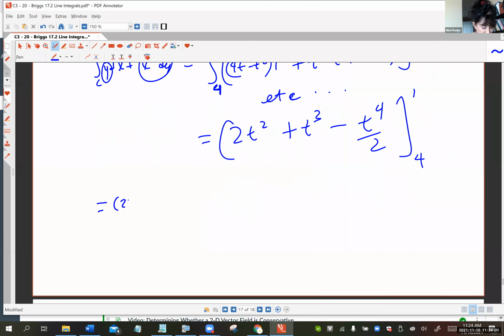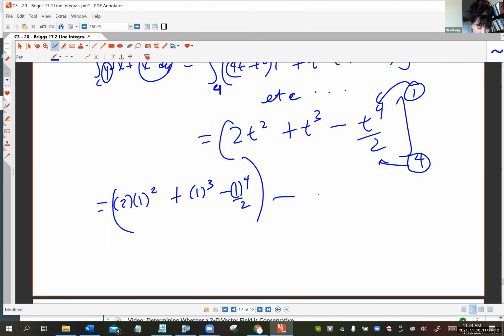So plug in your 1 first, because that's the upper limit, because you're having time go backwards. And then minus, plug in the lower limit, which I know is larger. That's okay. We decided that because that matched our orientation. And then when you do all this, let's see what I finally get, I get 69/2.